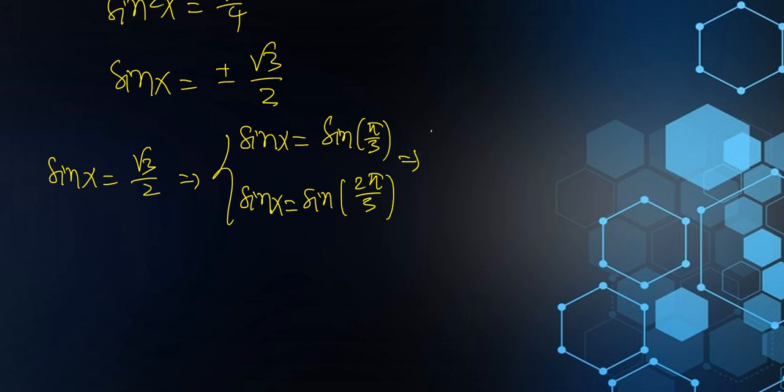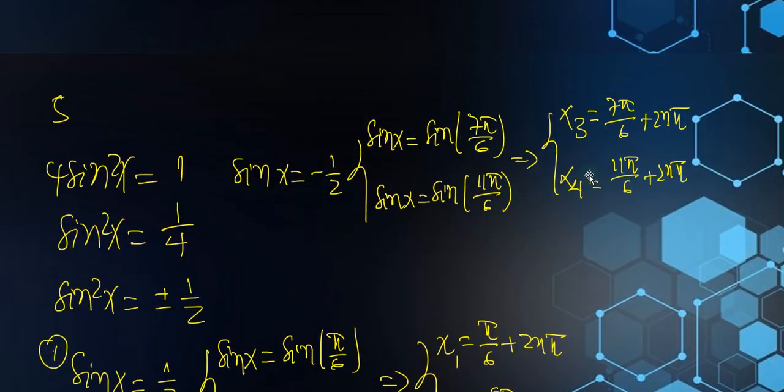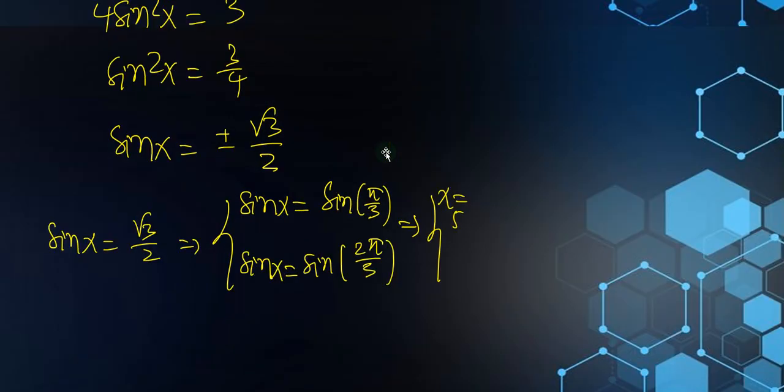So this means that for general cases, we have x5 here, because down here we ended with x4, right? So x5 is going to be equal to pi over 3 plus 2n times pi. n is the constant, right? And x6 is going to be equal to 2 pi over 3 plus 2n times pi, okay?